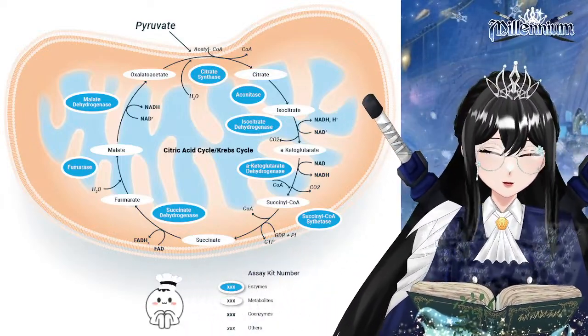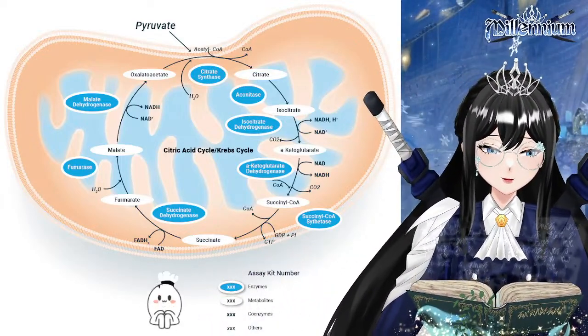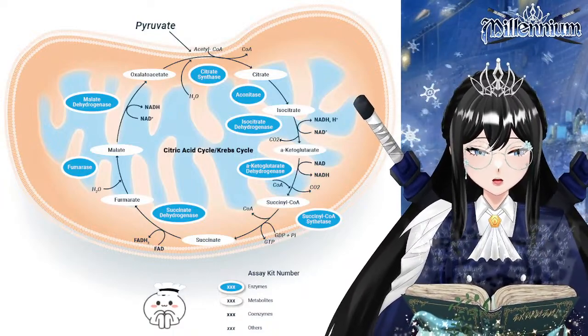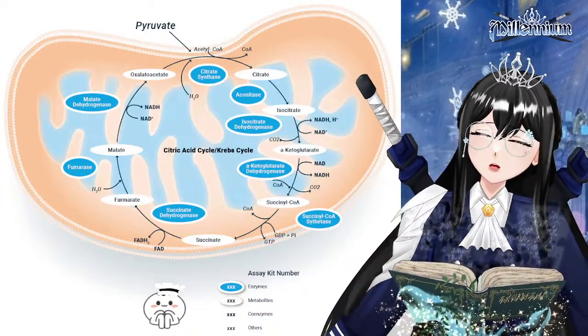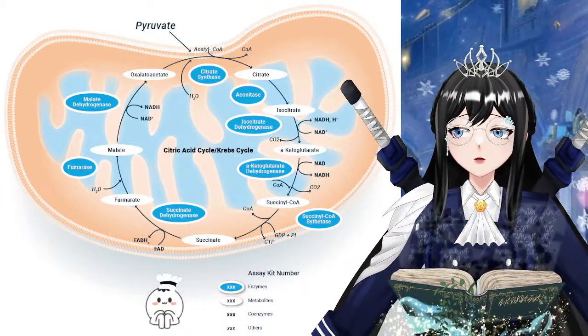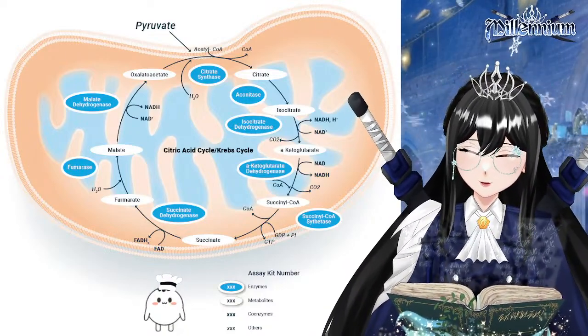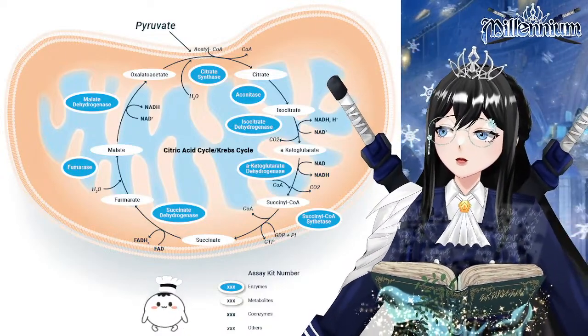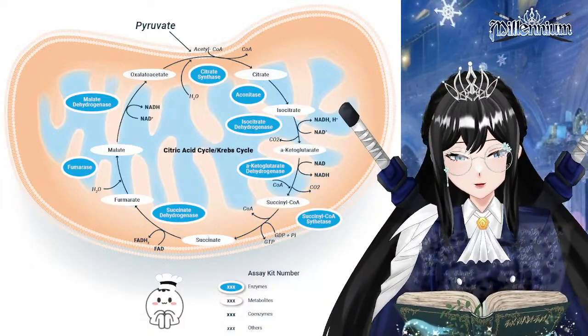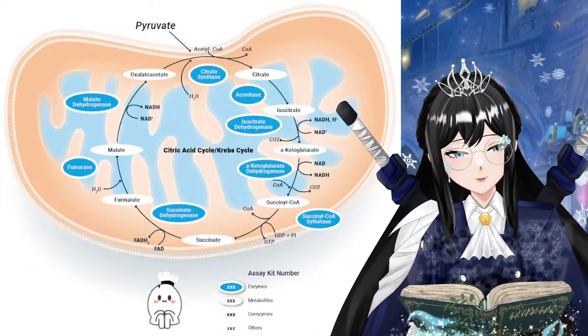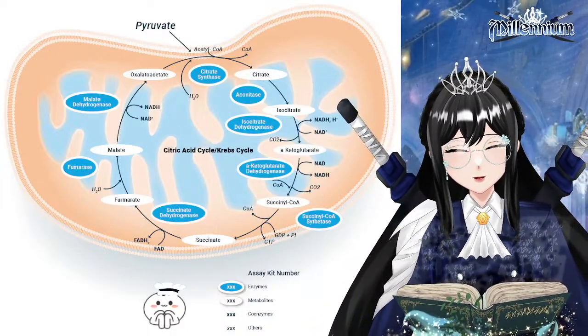This electron flow would drive the pumping of protons into the intermembrane space, which will establish a proton gradient. And that proton gradient would flow back into the mitochondrial matrix through the ATP synthase.